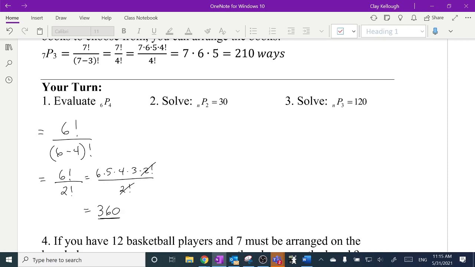All right. Kind of didn't give myself enough room to do number 2 here. Let's do this one. NP2. So n is an unknown. N factorial over n minus 2 factorial equals 30. Does that look familiar? We just did this example.